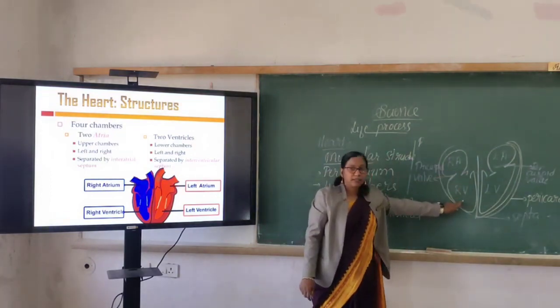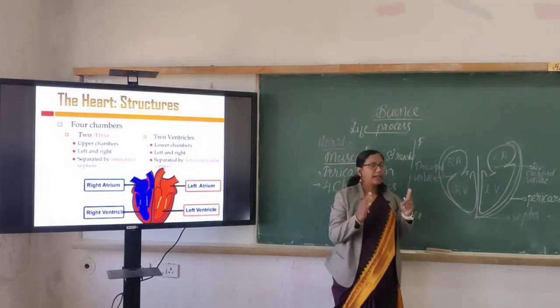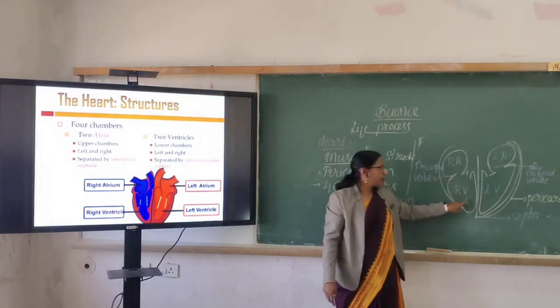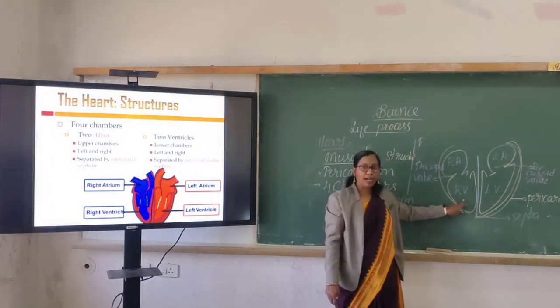These chambers help in keeping a certain amount of blood. Deoxygenated blood comes from the right atrium to the right ventricle.